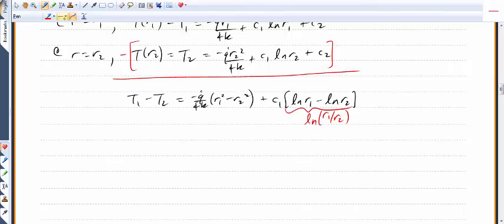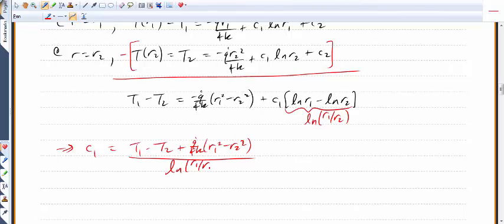So therefore, we can solve for c1. c1 is going to be T1 minus T2 plus q dot over 4k times r1 squared minus r2 squared, all divided by the natural log of r1 over r2.